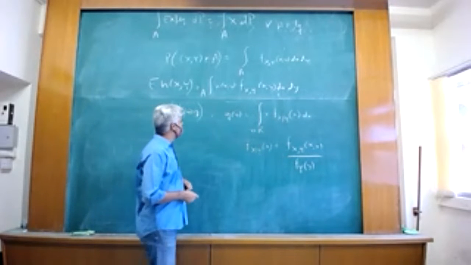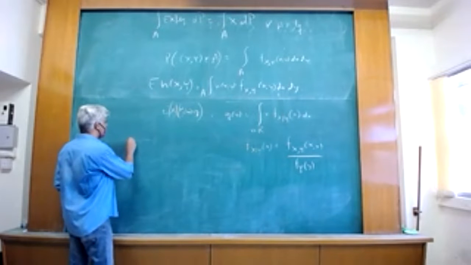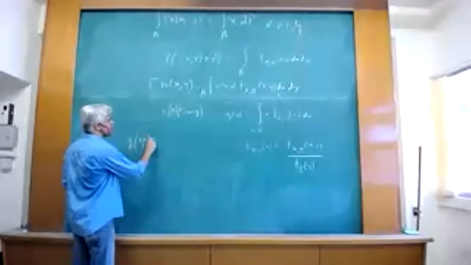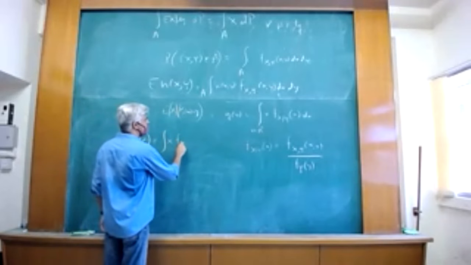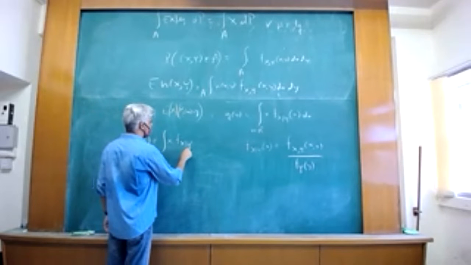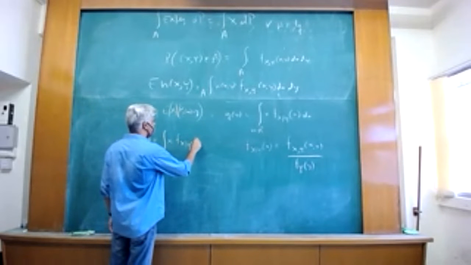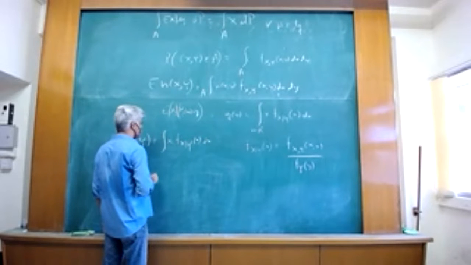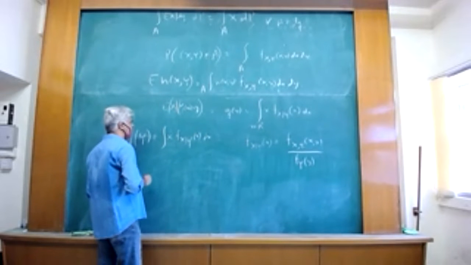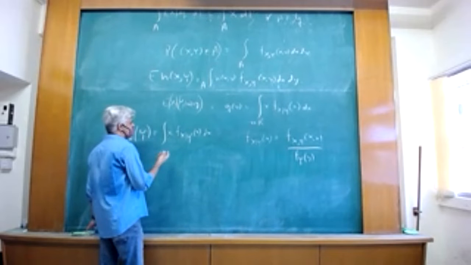Okay, so what we'll do is we'll define the random variable g of y. G of y is this.